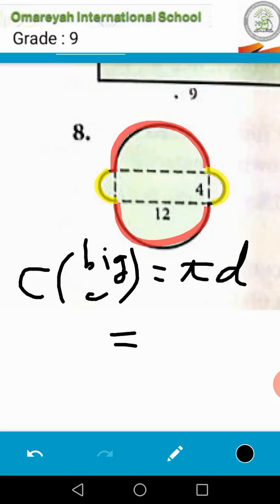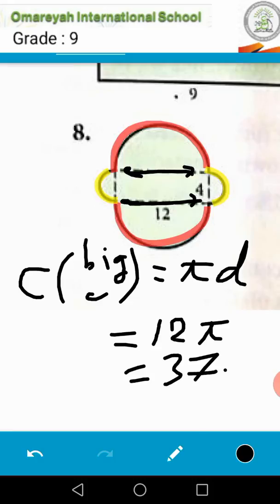The diameter for the big circle is 12, right? So you can write 12 pi. You get the circumference. So 12 times pi, you get 37.7.